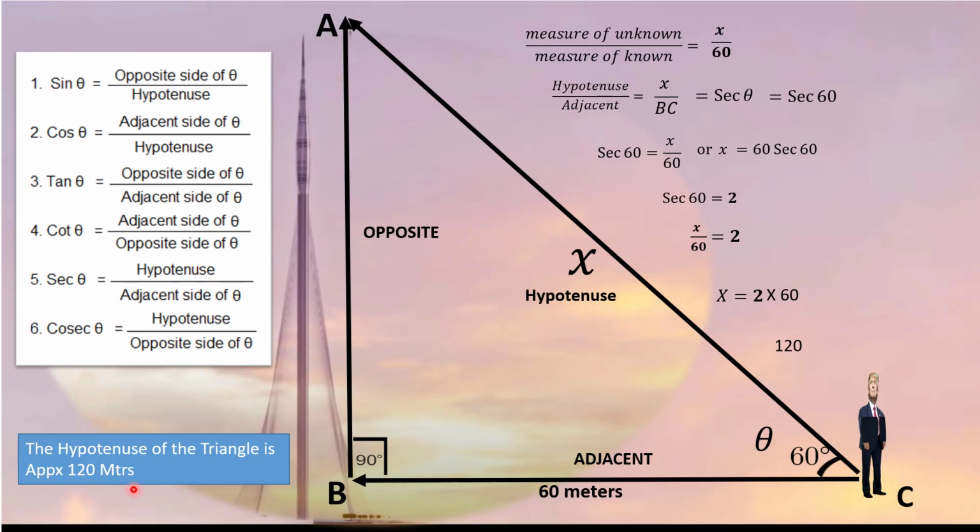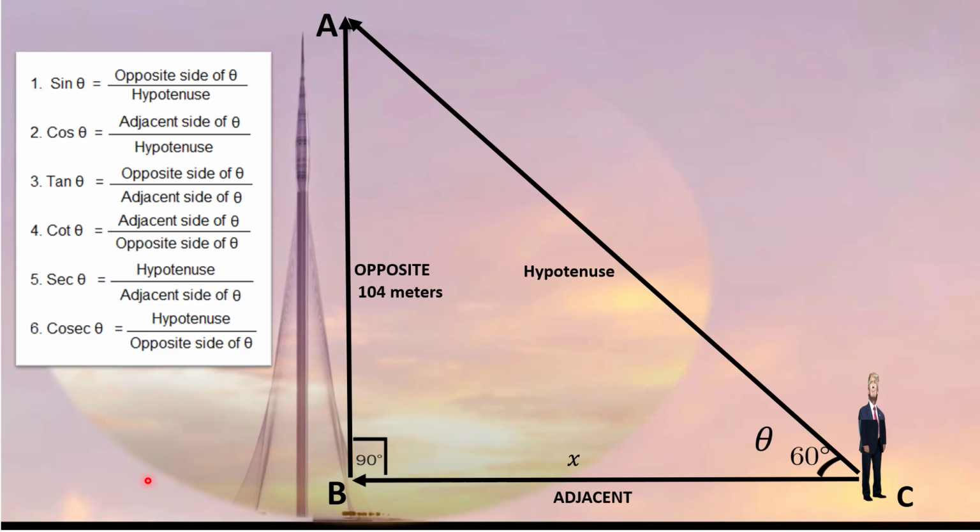Let us do the third example now. Suppose you know that the height of the tower is 104 meters and theta equals 60 degrees. Now you need to find the distance between the bottom of the tower and the point where Mr. Trump is standing.